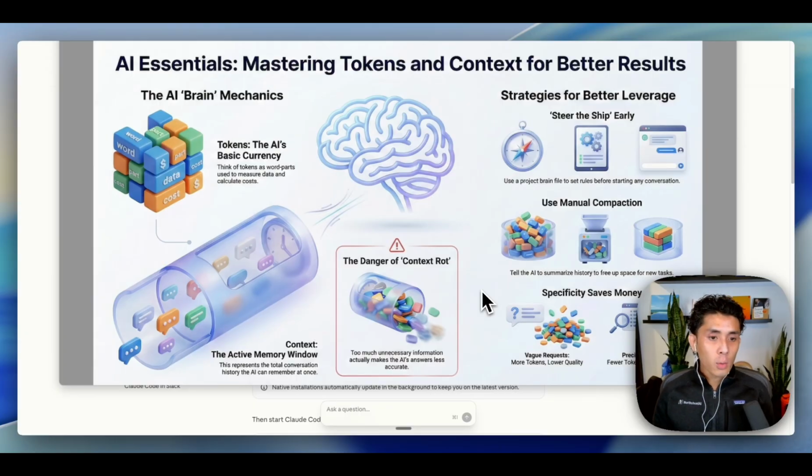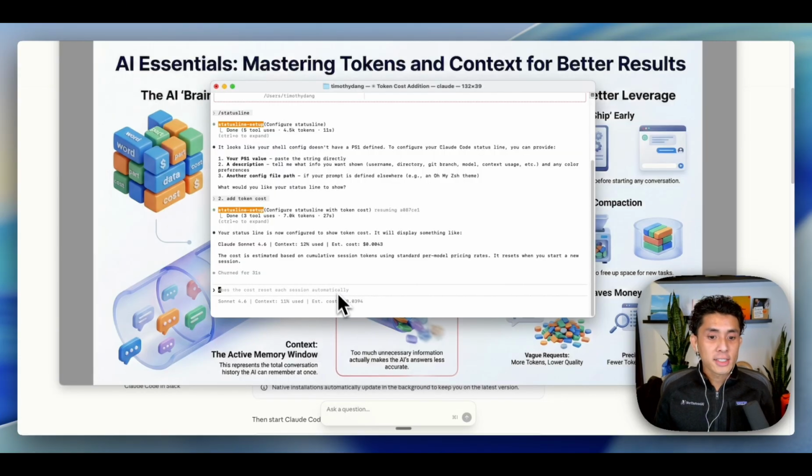Now, when it comes to tokens or estimated cost, this is a pretty straightforward concept. Essentially, tokens are AI's basic currency for the cost of using the platform. So for every prompt or ask that you give it, there is a cost associated to it. If we go back to our terminal, then we can see that estimated cost clearly.